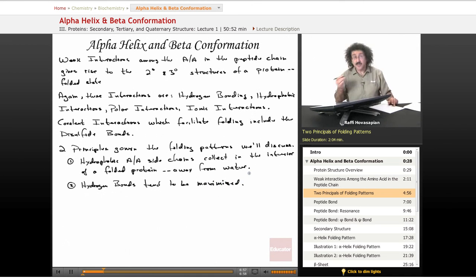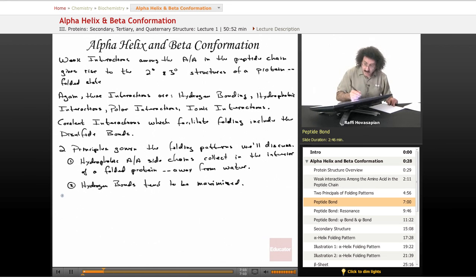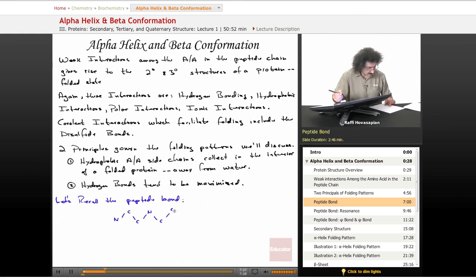Okay, let's go ahead and recall the peptide bond. Let me go to blue here. Remember our pattern, we do NCC, NCC, and the second carbon always gets the carbonyl.